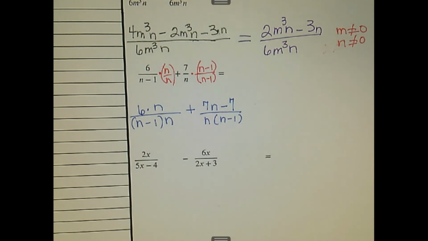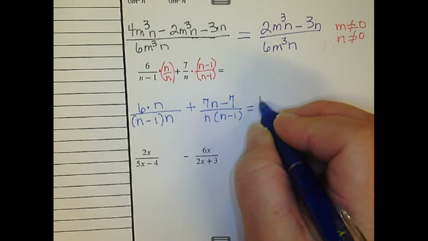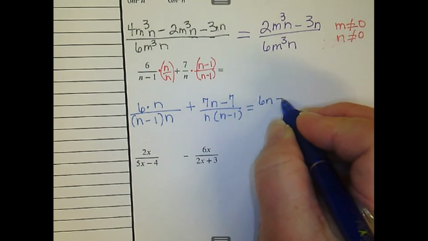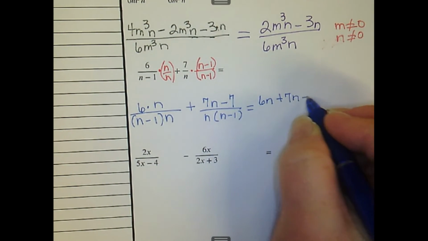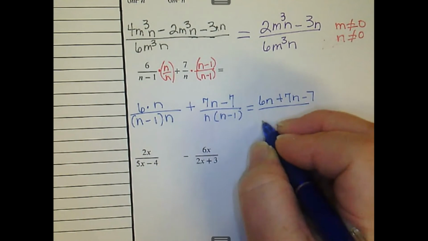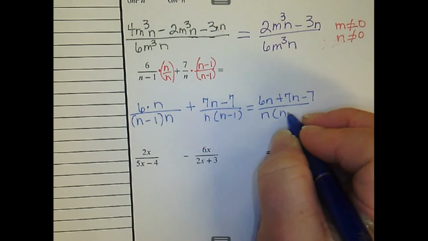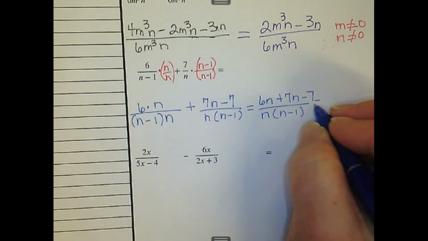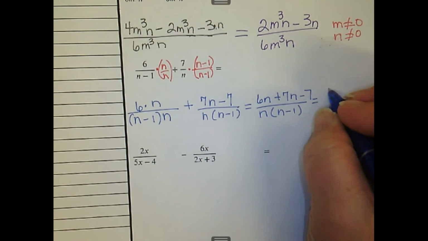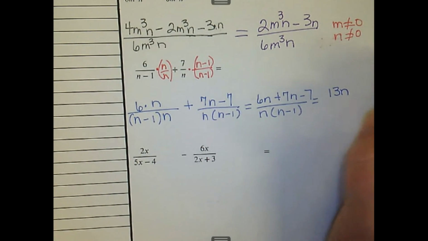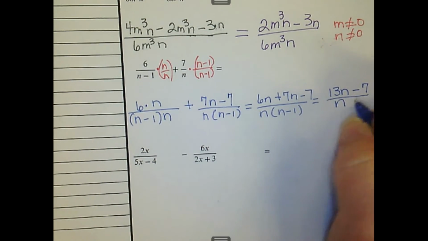Okay, I've got the same denominator. 6n plus 7n minus 7 over n times n minus 1. 6 plus 7 is 13. 13n minus 7 over n times n minus 1.